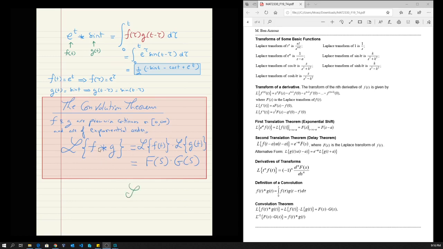So the inverse of f of s times g of s is going to equal the convolution. So a nice way to think of this, and this is how engineers like to think of it, is product in the frequency domain means convolution in the time domain.